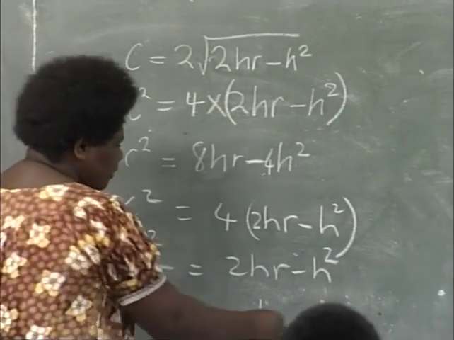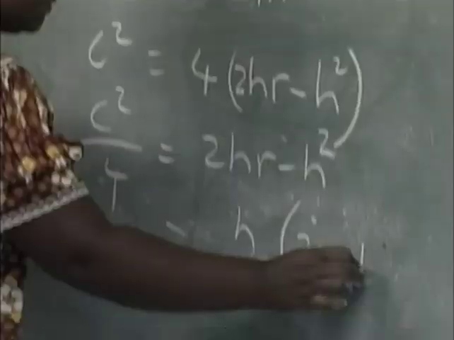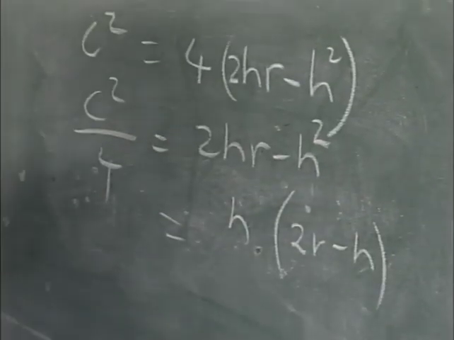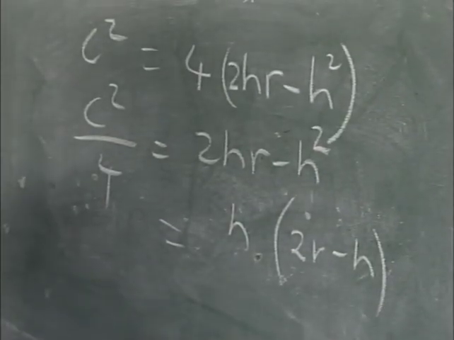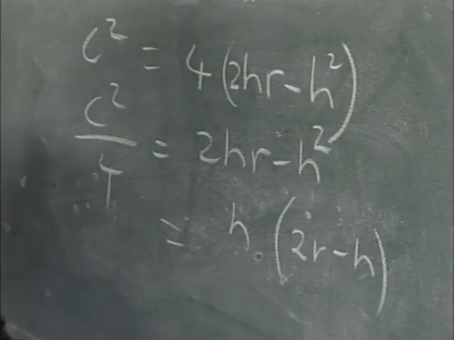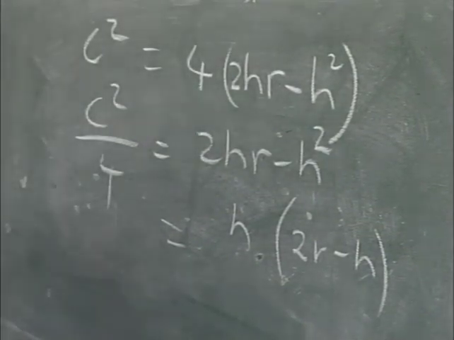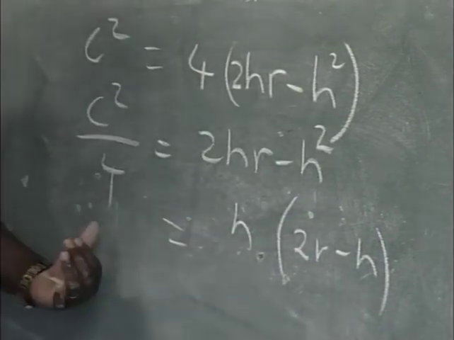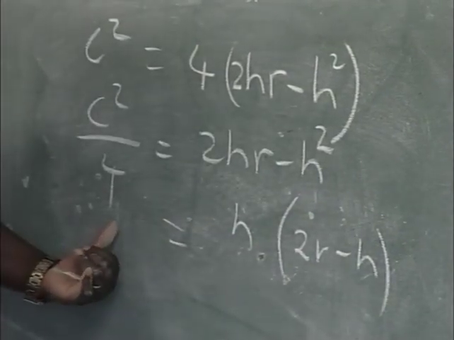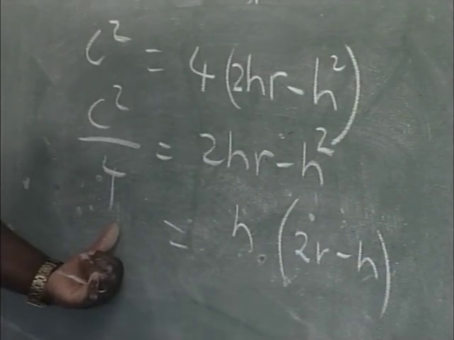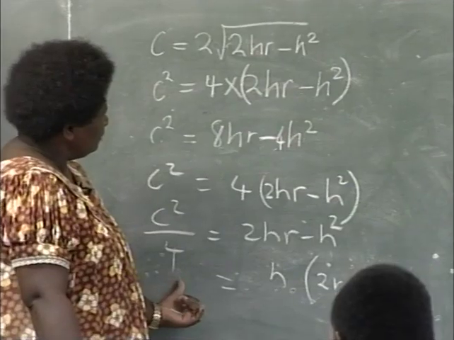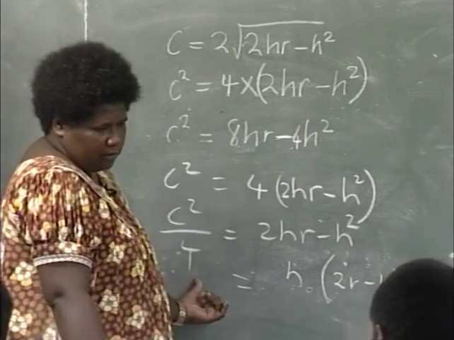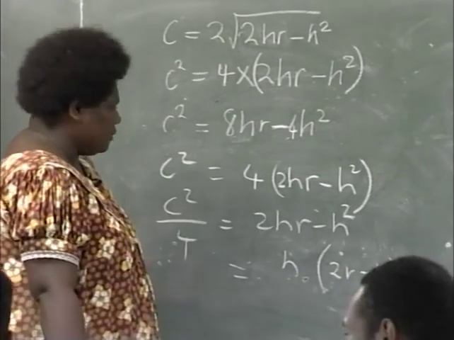Because if we factorize, we're going to get 2r minus h. That's the only way we can do this. And then if I divide by 2r minus h, I can't because I'll have an h and an h on the other side. We are back to square one. Unless there's a mistake. I'm sure there's a mistake.